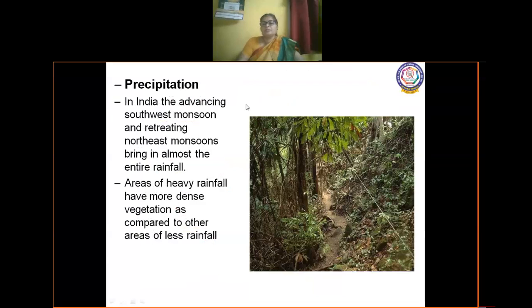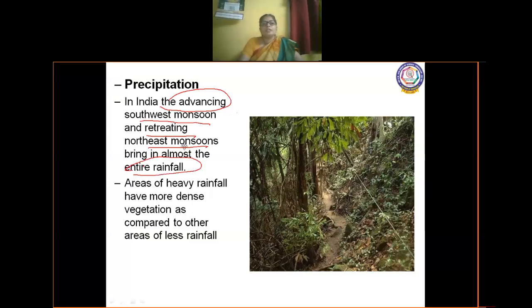Now, precipitation. As I have mentioned, equatorial and Amazon forests are very thick and dense. It's because of everyday rainfall in that region because it's near the equator. Now, in India, related to the Indian perspective, we are learning this topic. The southwest monsoon and retreating northeast monsoons bring almost the entire rainfall.